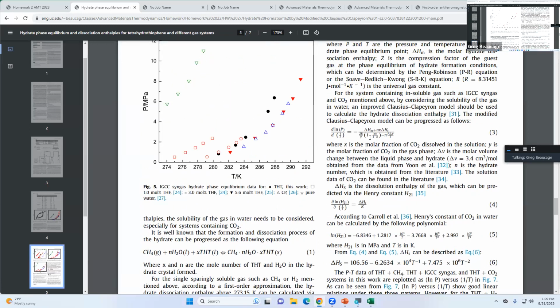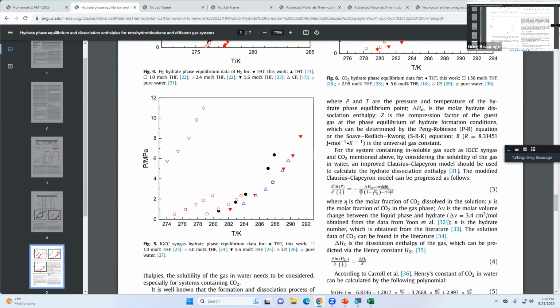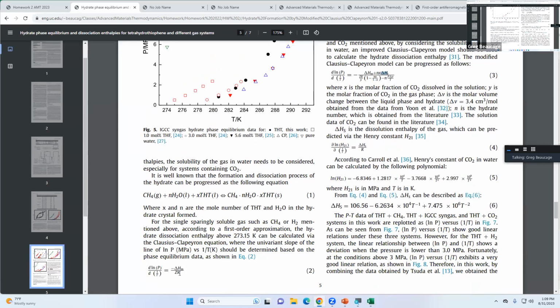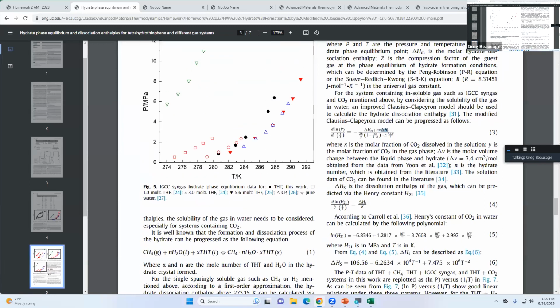Anyway, this thing uses something called the Henry's law constant, this HS. Okay, so the original Clausius-Clapeyron has this enthalpy of vaporization in it, right? So you get the vapor pressure per a given temperature.